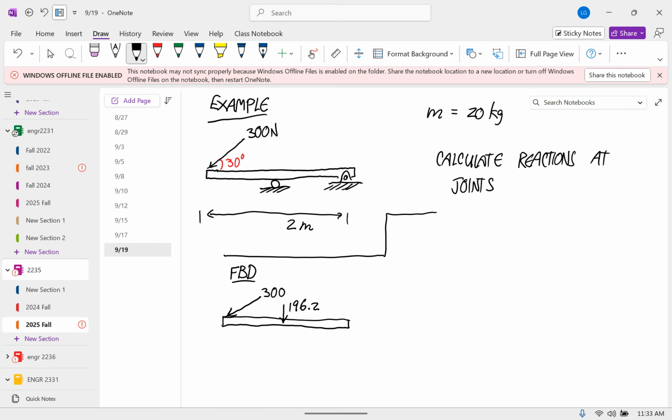A roller applies a force that's perpendicular to the surface toward the body. So this force is like this, and you could call that N or R or whatever. And then the hinge is an unknown force vector. So I'll call that Rx, Ry, or I guess I'll just call it R vector.